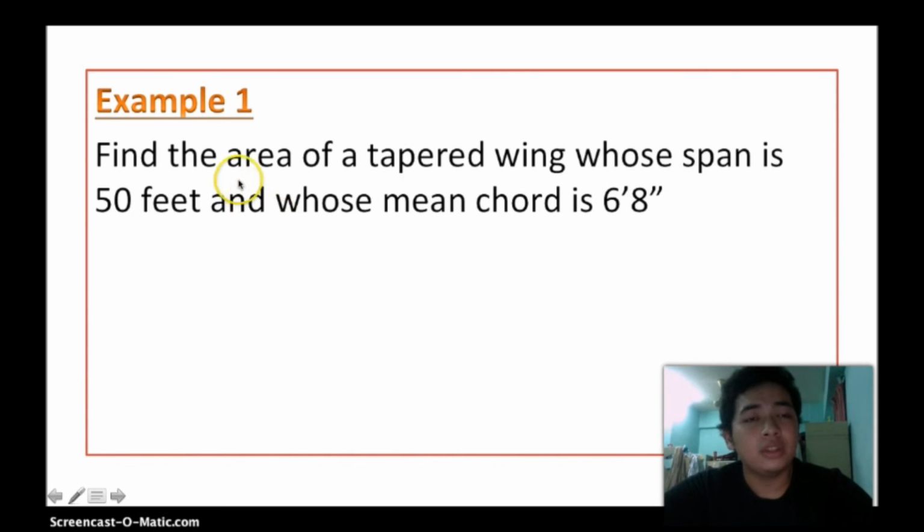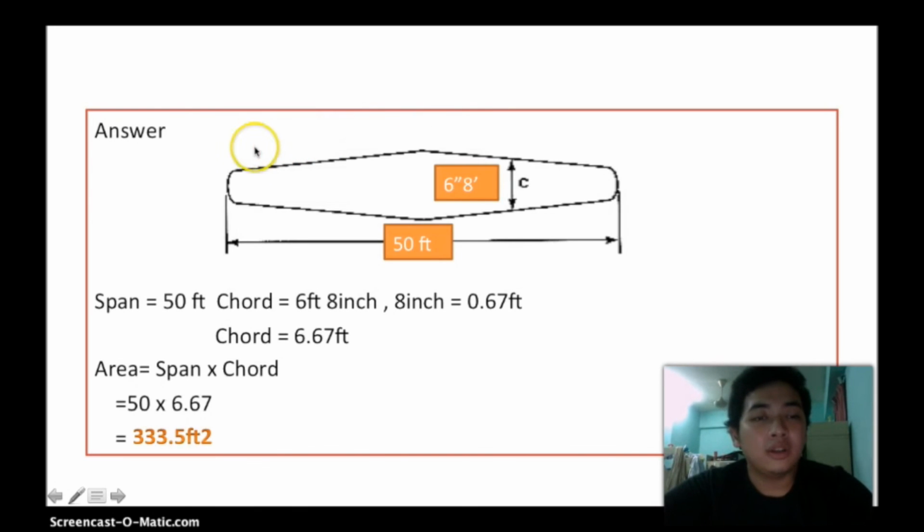The first example: find the area of a tapered wing whose span is 50 feet and whose mean chord is 6 feet and 8 inches. To solve this kind of question, first we must extract the information given by the question. We can draw the diagram like this.